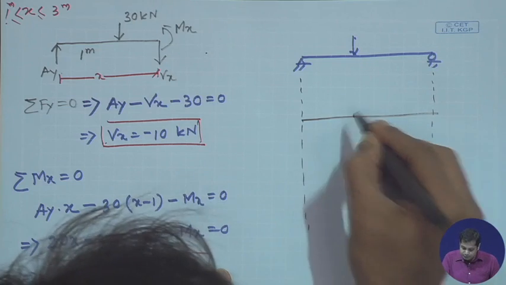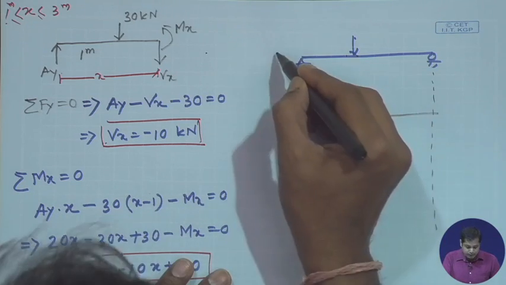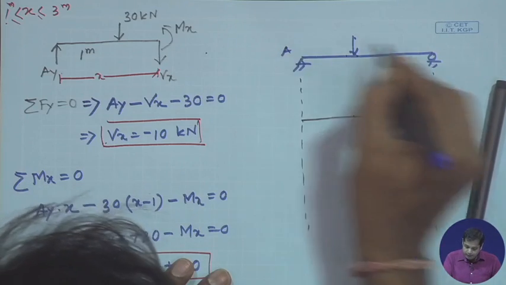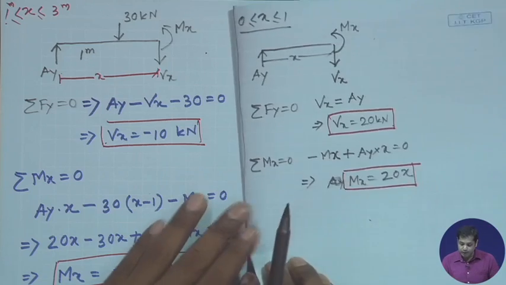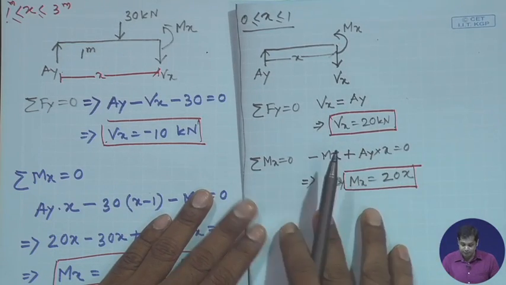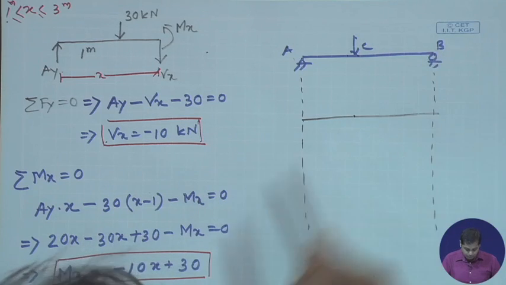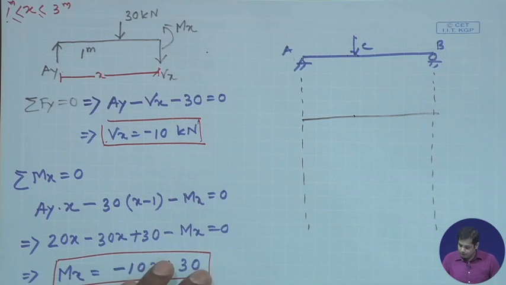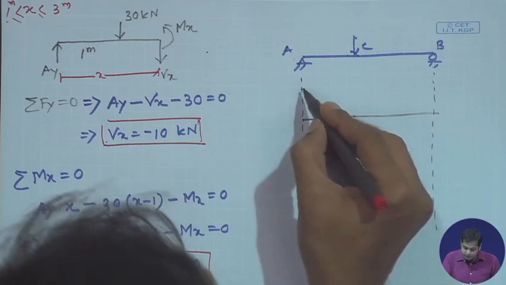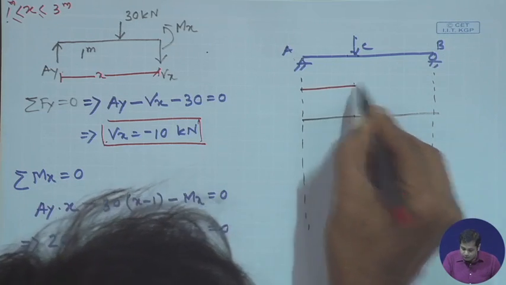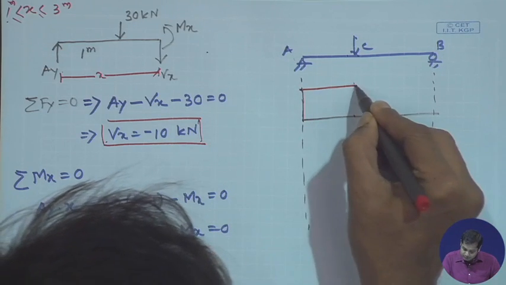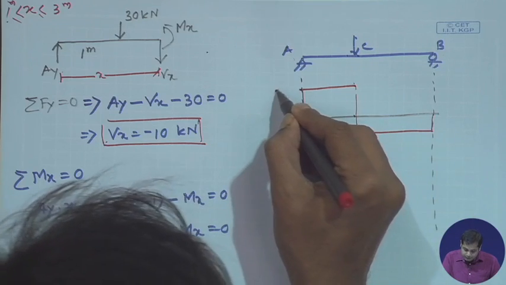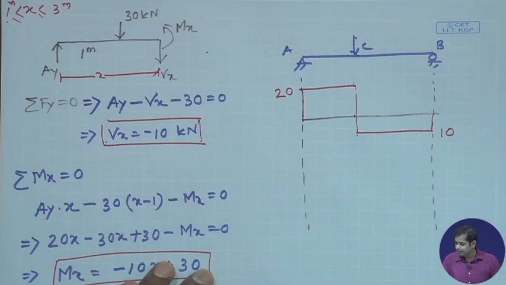Between A and C, the shear force was 20 kilonewton positive, and then between C and B, shear force is minus 10 kilonewton. It is constant between these points, and here it is minus 10. Sometimes you can join them also. This is 20 and this is 10.